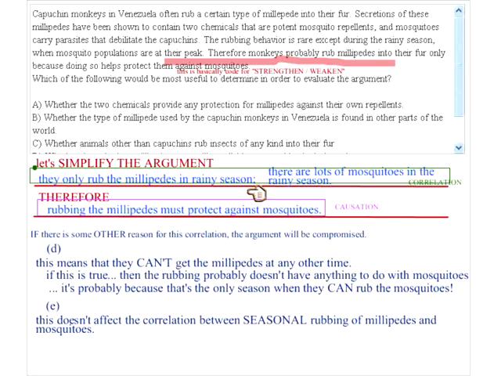Because if we had other species that were only available out of season, then that could be a factor. But even if there are other insects like this, unless it has some sort of bearing on what we observe about the seasons, it doesn't really help us or hurt us. And only simplifying the argument is really going to help you figure that out. If you don't have a simplified argument, it's very difficult to tell what goes on here.